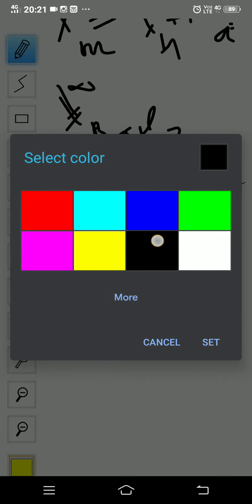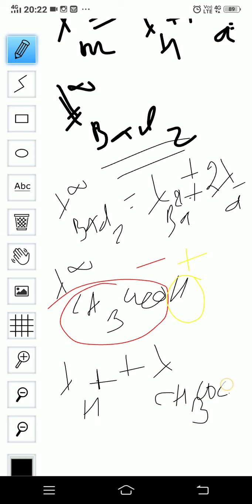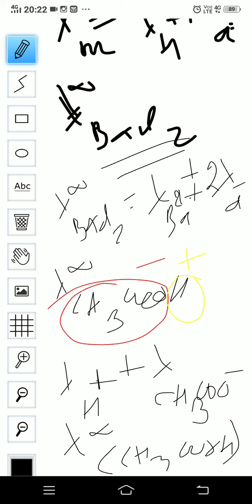Since we have analyzed them, we sum up the positive and negative parts together. So lambda H plus, positive first, plus lambda CH3COO minus. This is the molar conductivity at infinite dilution of CH3COOH, acetic acid. Is this clear?